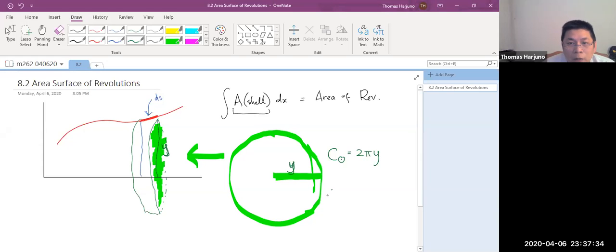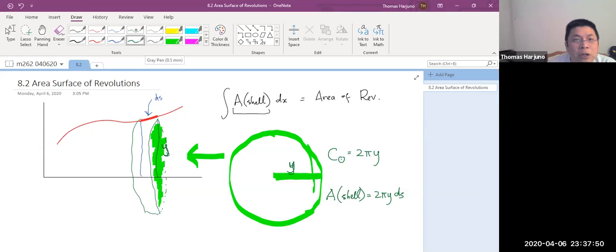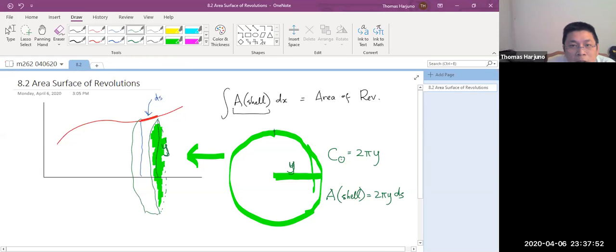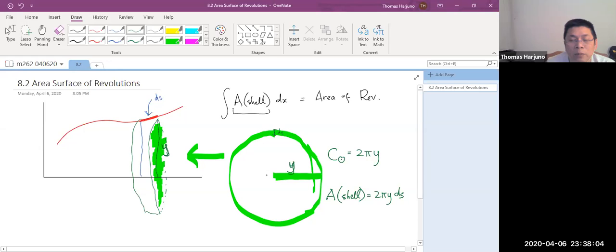Now the area of that shell, therefore, is 2 pi y times ds. So where's the ds in this picture here? The ds is here. This is the ds. Okay, now the total area of the shell will be 2 pi y ds.